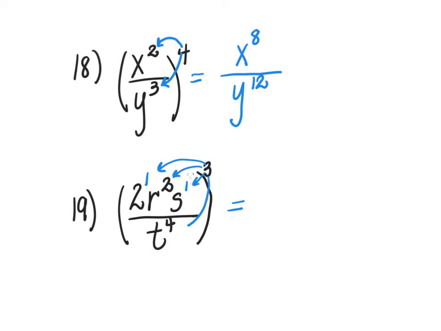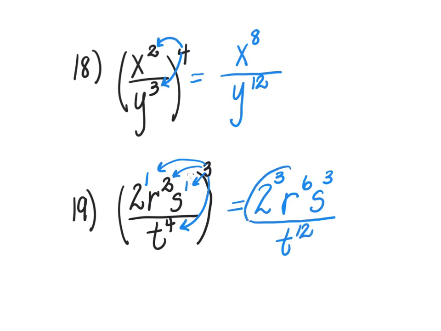And I don't want to forget that denominator. So keep that base of 2. 1 times 3 is 3. Keep the base of r. 2 times 3 is 6. Keep the base of s. 1 times 3 is 3. Going down to the denominator, keep the base of t. 4 times 3 is 12.